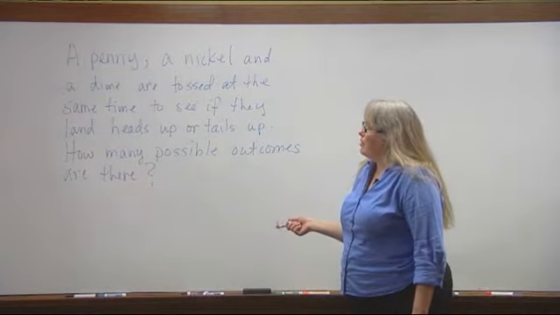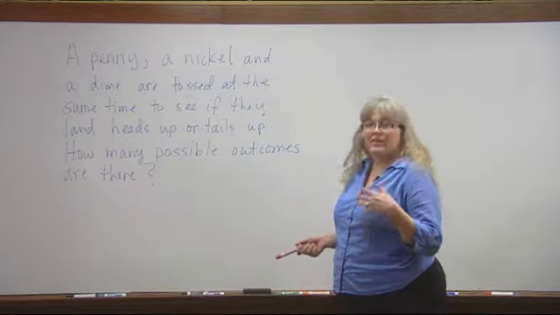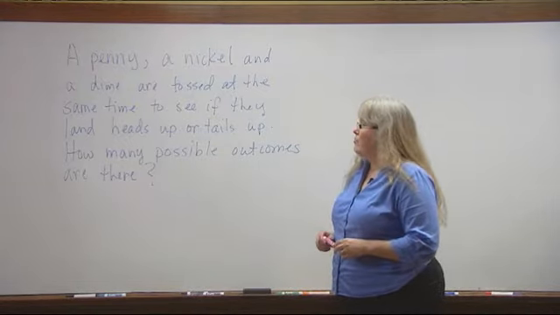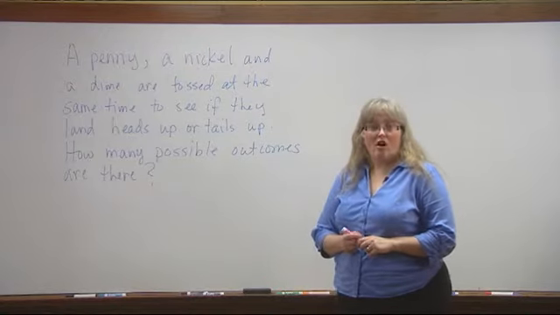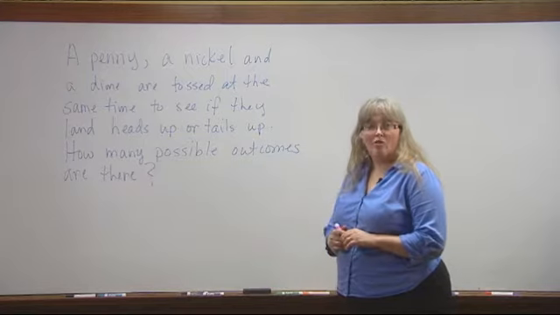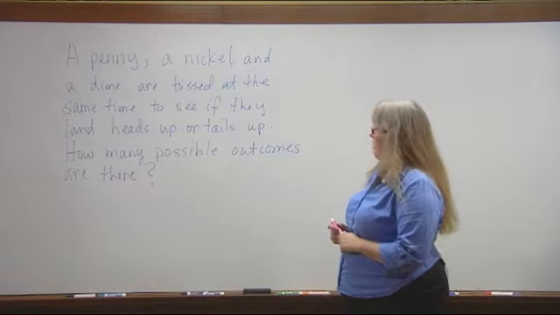In this next problem, we can solve this using the counting techniques we've been developing thus far, or we could actually make a list because there aren't very many possible outcomes here. I'm going to solve the problem both ways so you can get a sense of how this might go.